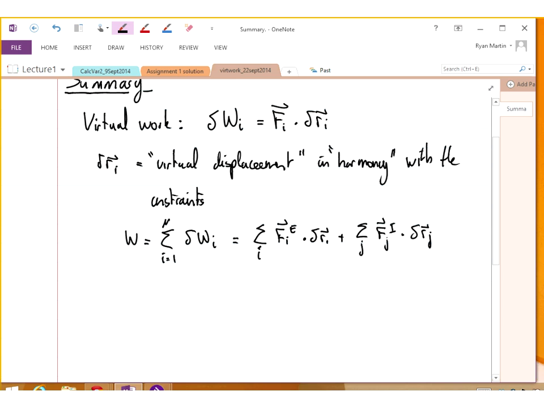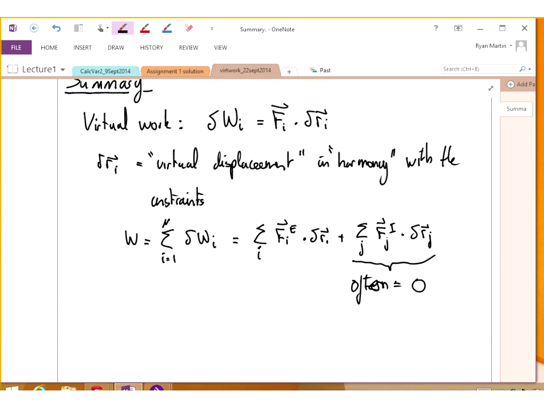Now, we did a couple of examples last week where we saw that often the internal forces do no virtual work.